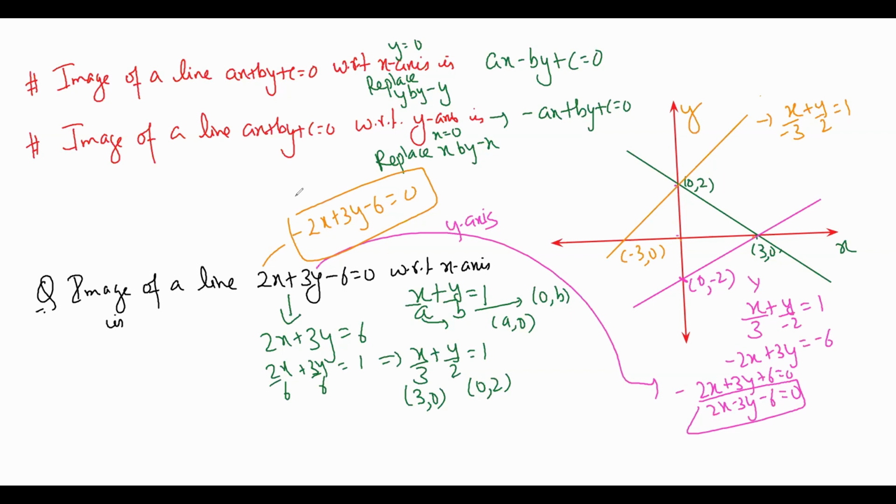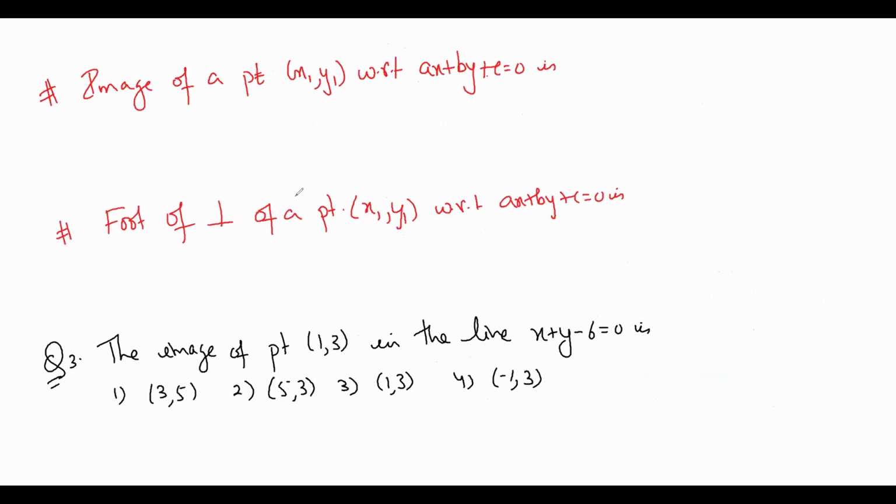Image is a very important concept. Next, what if you get this type of question? That is, if you have to find the image of a point (x1, y1) with respect to a line ax + by + c = 0, then your formula is (x - x1)/a = (y - y1)/b = -2(ax1 + by1 + c)/(a² + b²).